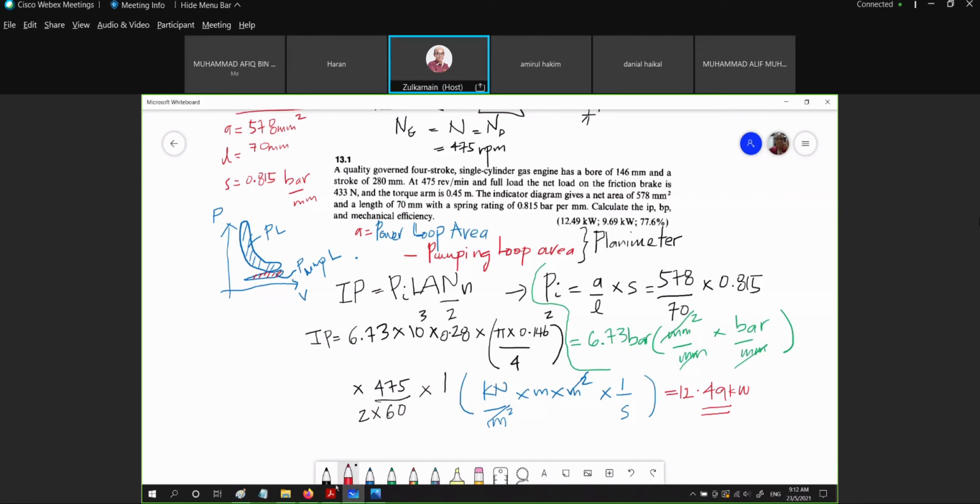Can someone verify? Should we use 10 to the power 3? Ya Rohan? Should we use 10 to the power 3 or 2? Oh, sorry. Change the bar to not power of 3, power of 2. Yeah, that is correct. This 6.73 is bar. Mana dia bar? Where is the bar? Tukar bar kepada kilo. This is power of 2.